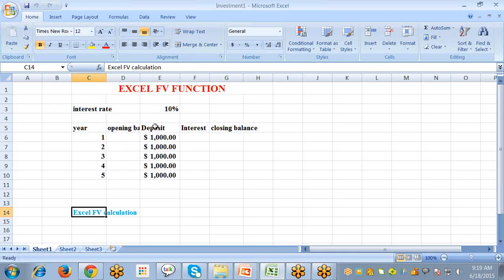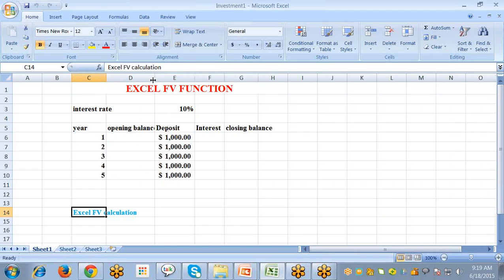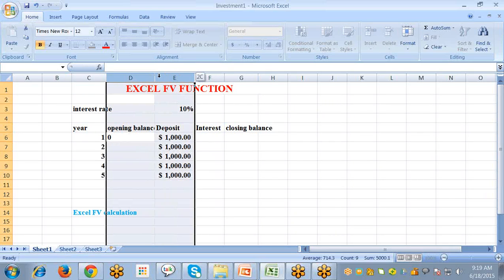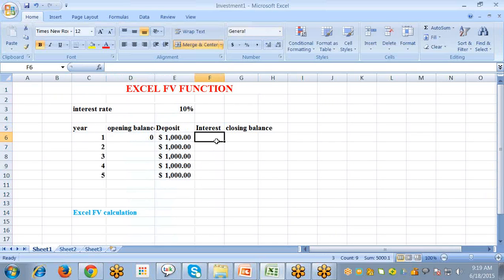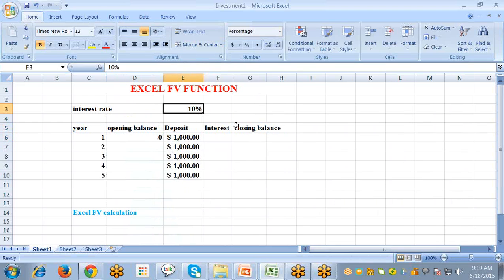So first, this is the year, this is the deposit amount. Suppose the opening balance for the first year is 0, and we have an interest rate of 10%. The interest for the first year will be calculated manually.